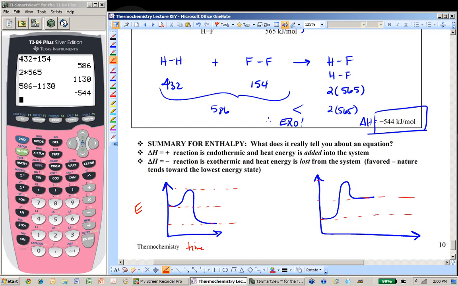I kind of am a fan of time, but here's the difference. This is your reactants. This is your products. Isn't it a visual thing for you to see that we started off at a high number and we ended at a low number? Therefore, energy exited the system.